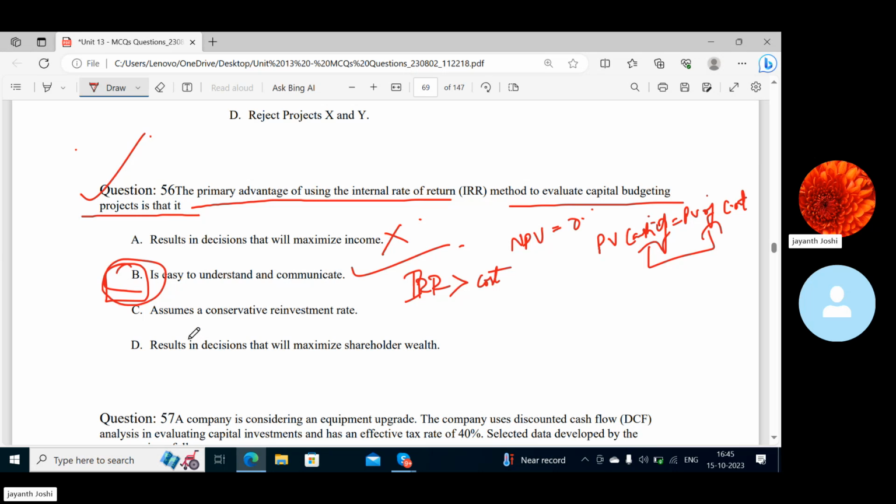What does it mean? It shows that the reinvestment can be done at IRR. The cash flows you get can be reinvested at IRR, right? This does not mean that it is a conservative rate. For every project, IRR may not be the same. Results in decisions that will maximize, no. It relates to the first one only.